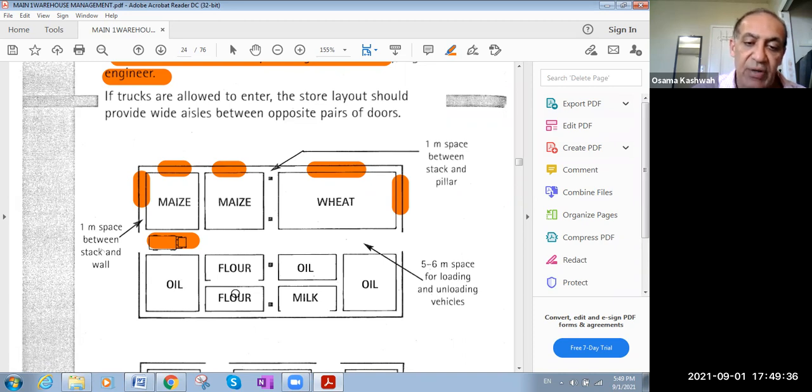So we have here flour, oil, milk, oil. This area is 5 to 6 meters of space for loading. You leave 5 to 6 meters of space for vehicles to load or unload in this area.